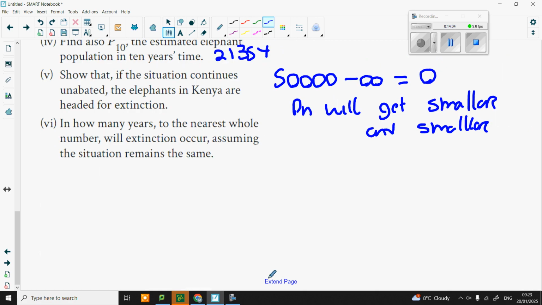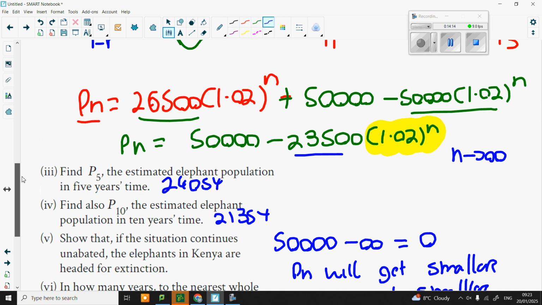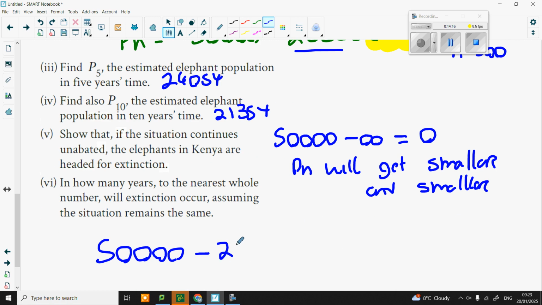Okay. Now, in how many years, to the nearest whole number, will the extinction occur, assuming the situation remains the same? Well, this is your standard log equation, isn't it? Multiply by 1.02 to the power of n, and you want the population to be equal to 0, or technically bigger than 0, don't you?